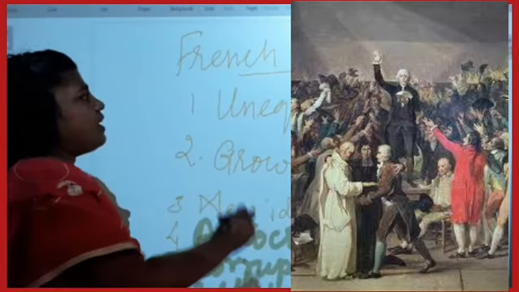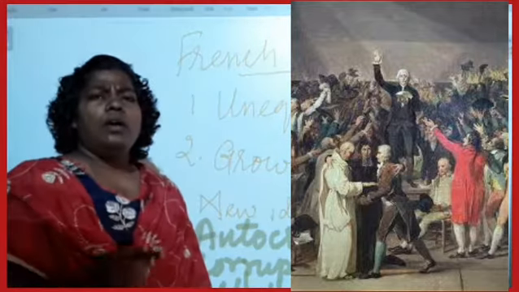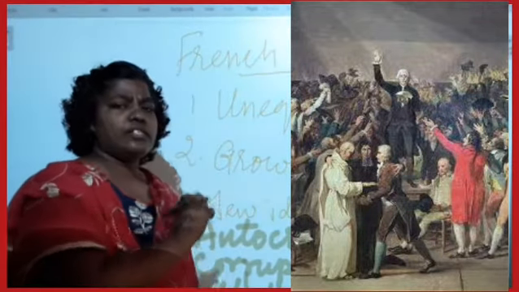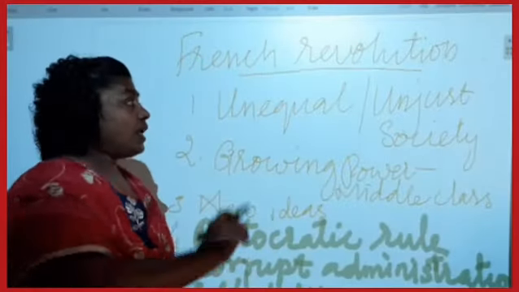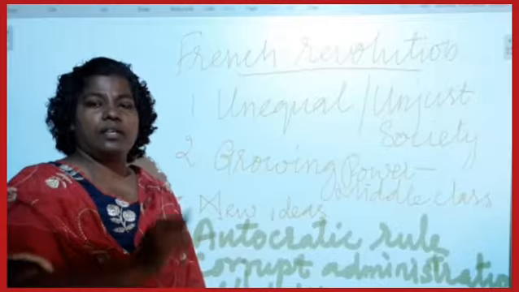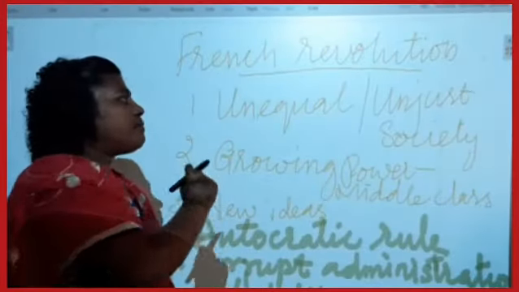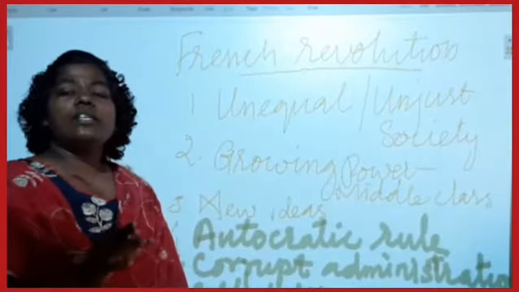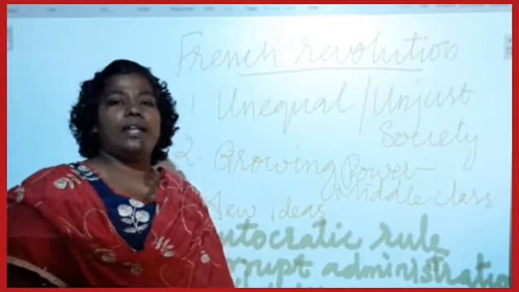Okay, when we see the French Revolution, what was the condition of the French society? What made the people rebel against the government? The French society was feudal in nature.